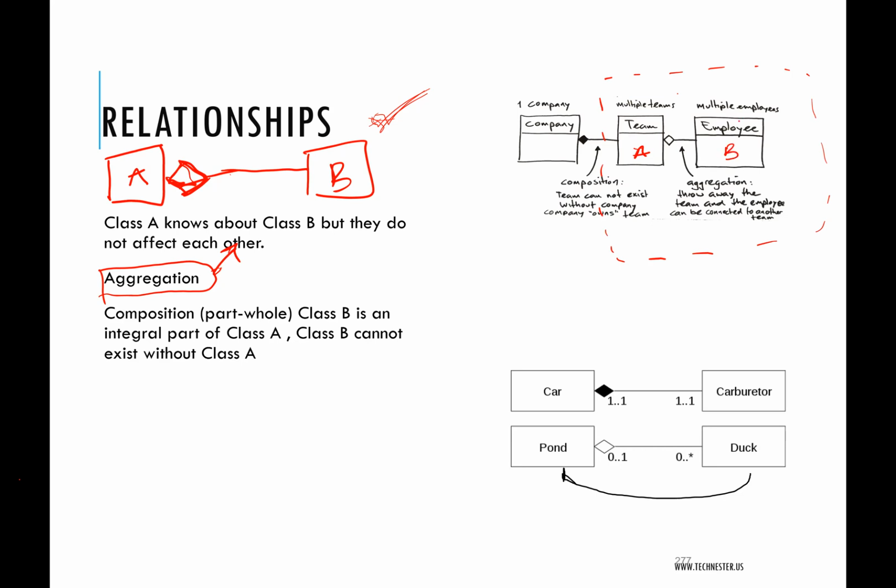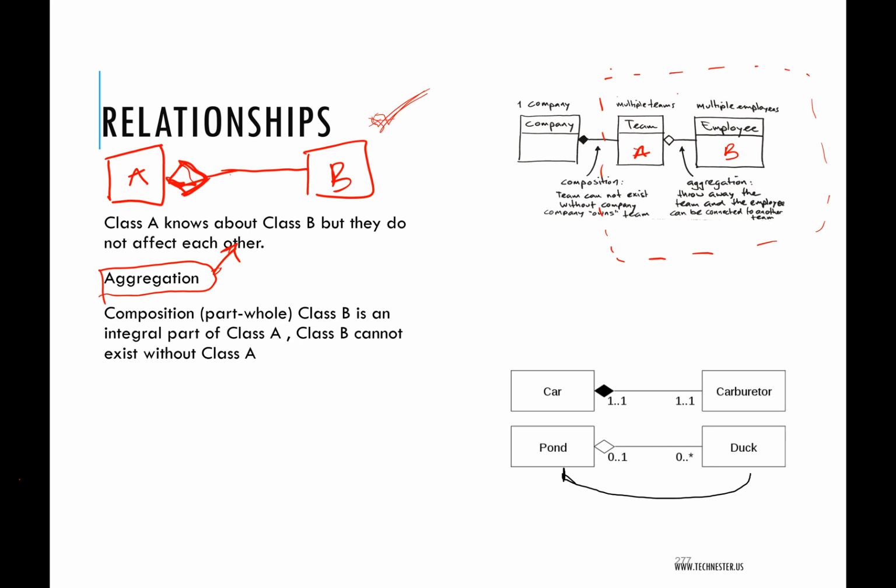You see the relationship there is an aggregation relationship. What this means is employees can exist without team. Yes, employees can aggregate together to form a team, they can gather to form a team, but employees can exist without team. If you do away with the team, you still have employees.